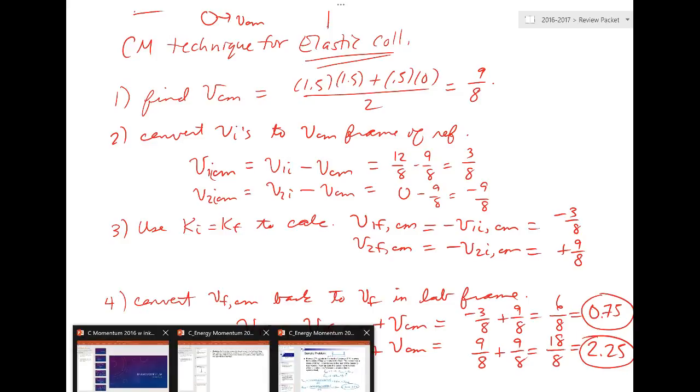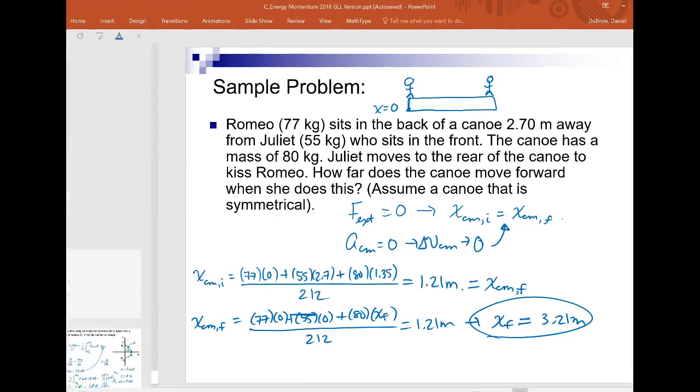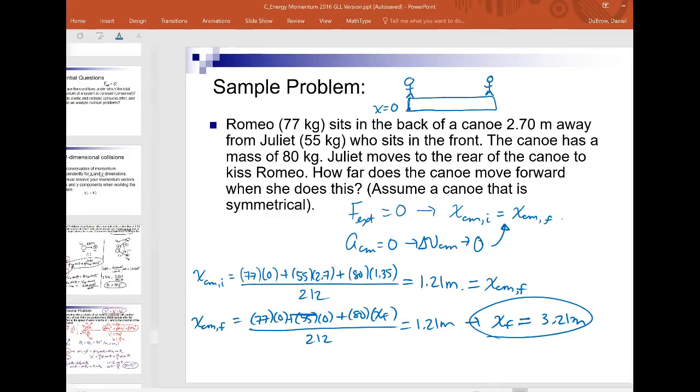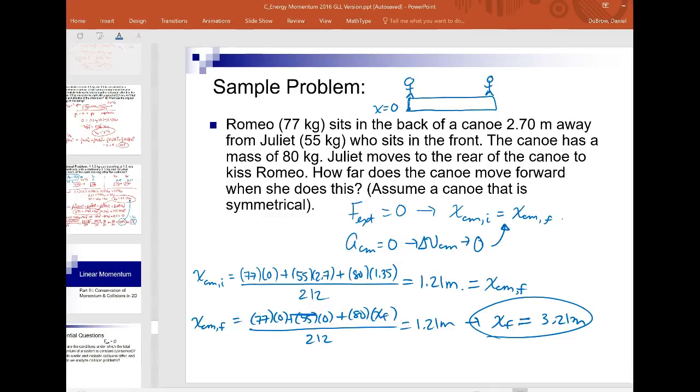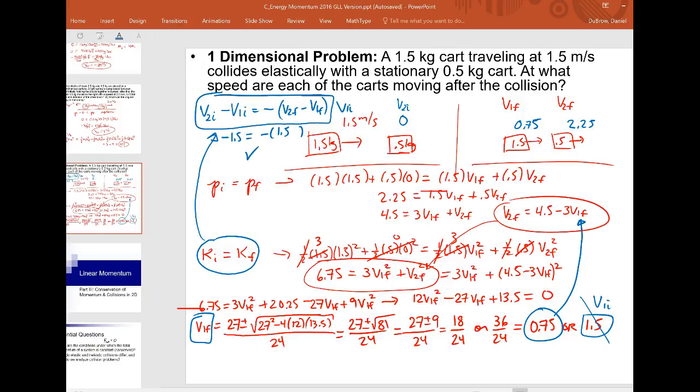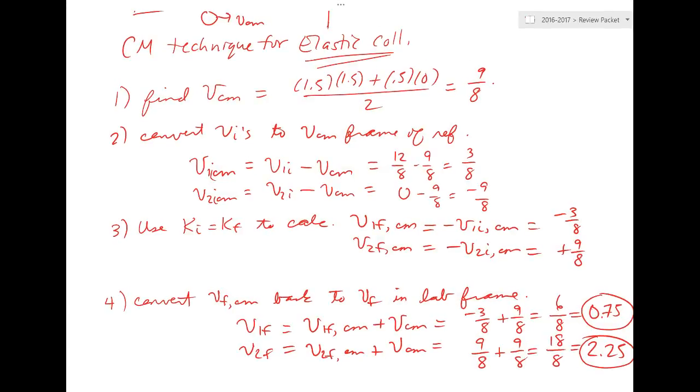Let's take a real quick look back at that. That was back here. I don't know if you saw this video, but this was the long way to solve that problem, and we found 0.75 and 2.25, and that's exactly what we have here.